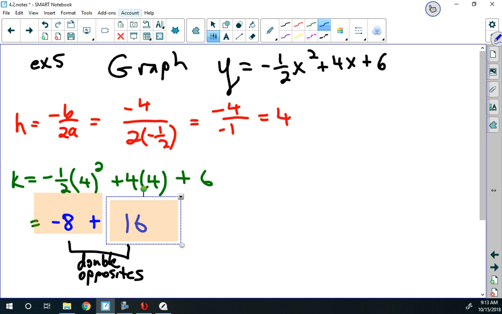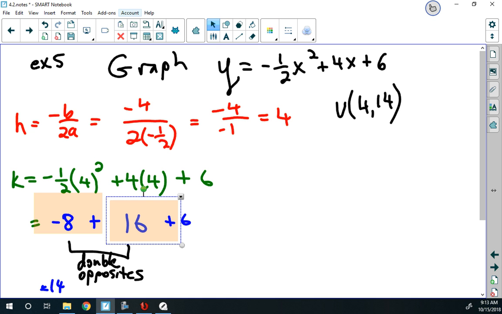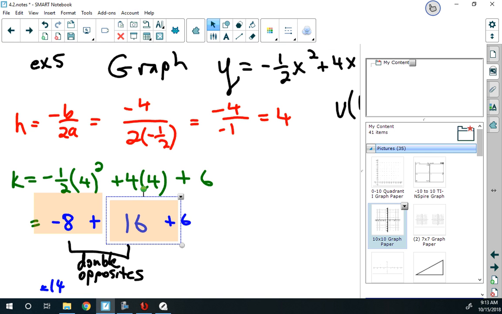So let's say that's going to be plus 6. So negative 8 plus 16 is 8, and 8 plus 6, I guess, is going to be 14. So my vertex is 4, 14.